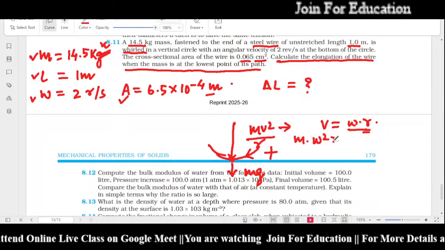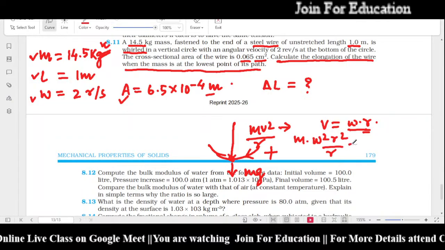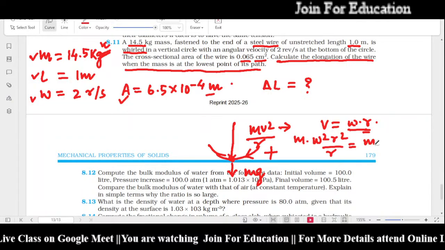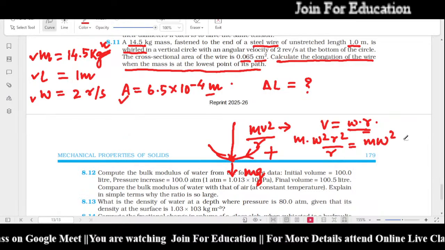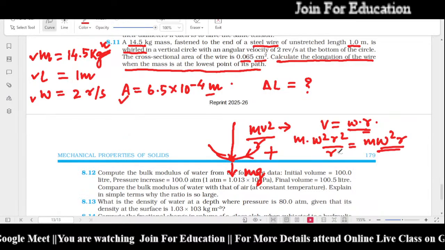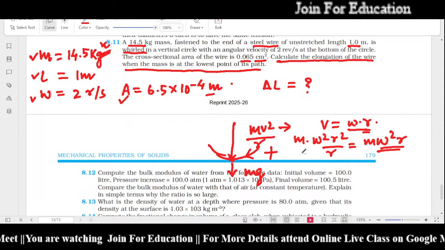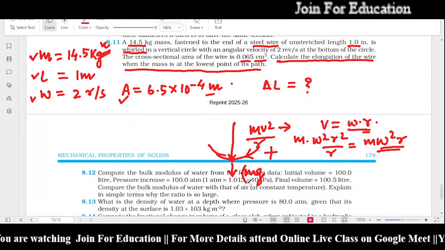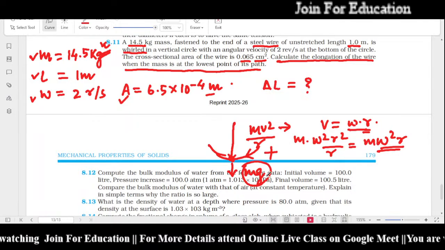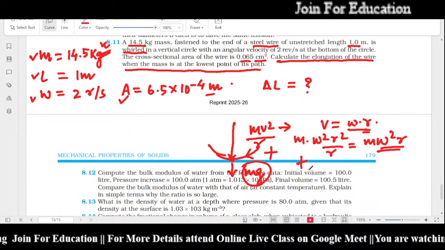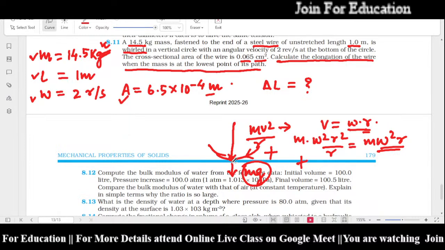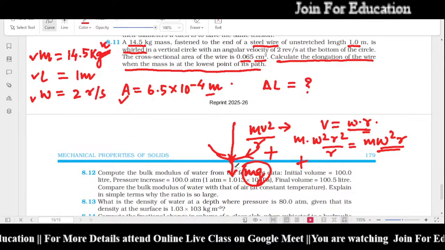Omega square r square divided by r gives m omega square r. So this is the centripetal force and this is the gravitational force, and these two together give the force which acts at this point.